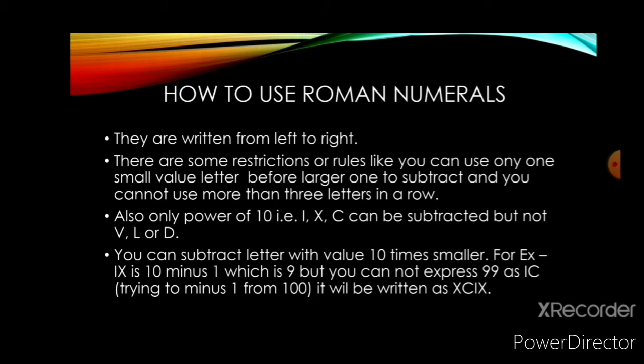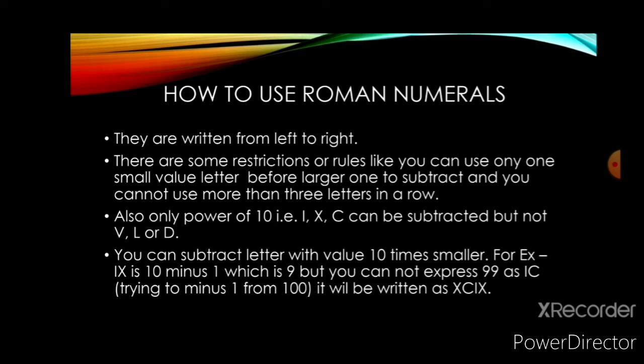There are some restrictions or rules, like you can use only one small value letter before a larger one to subtract, and you cannot use more than 3 letters in a row. Also, only a power of 10, that is I, X or C, can be subtracted, but not V, L or D. And you can only subtract a letter with a value 10 times smaller.